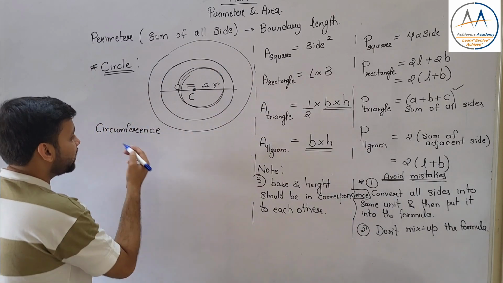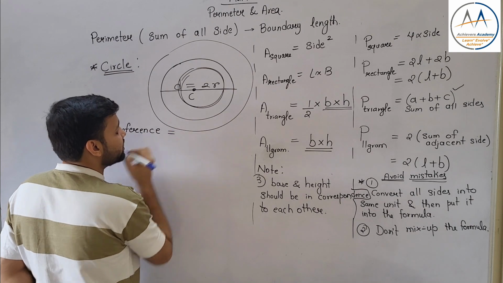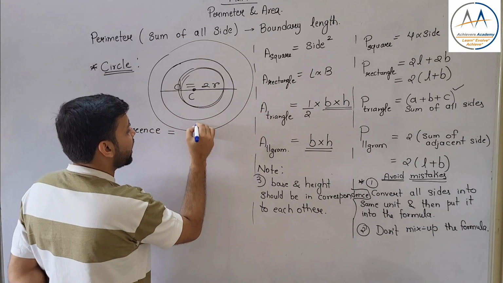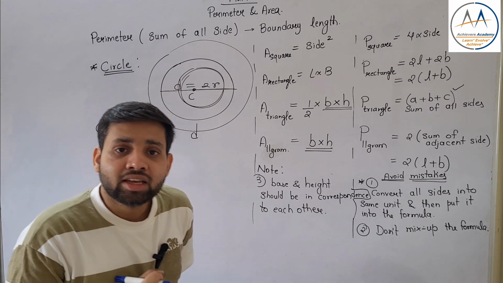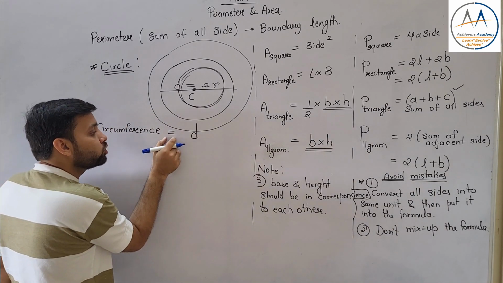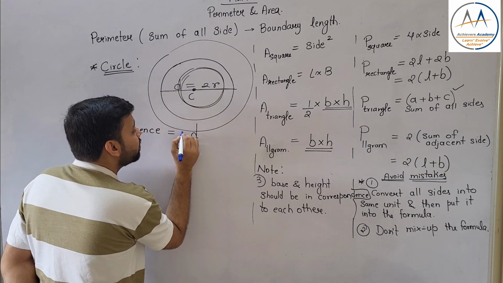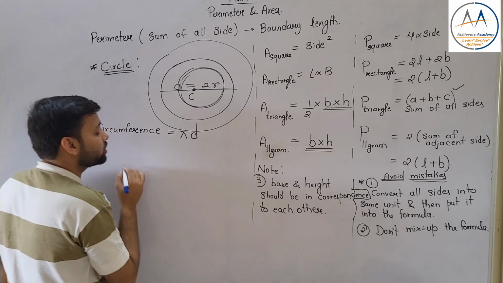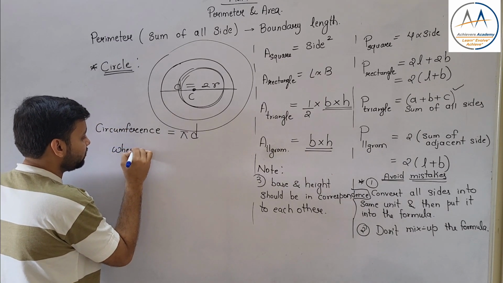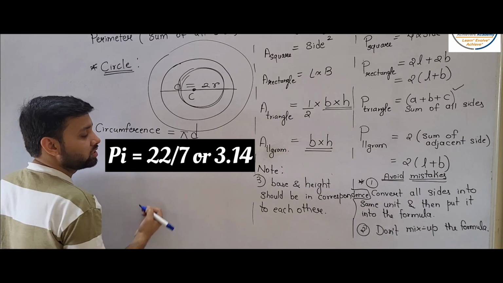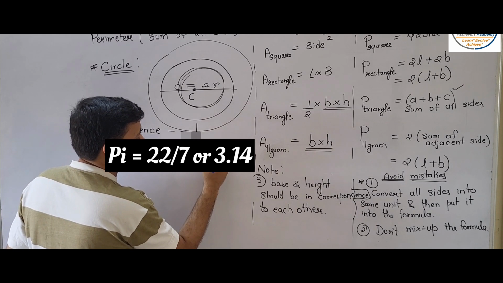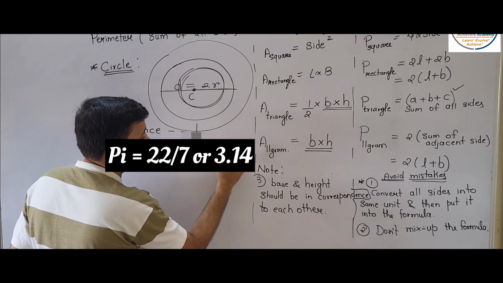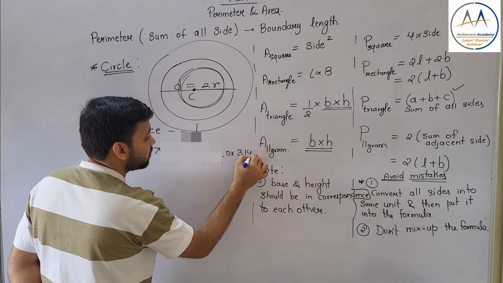So what Sir said is that circumference is directly proportional to diameter, but we don't know how to solve proportionality. So here we convert the proportionality into equality by multiplying by a constant, which is called pi. Its value is 22 by 7 or 3.14.